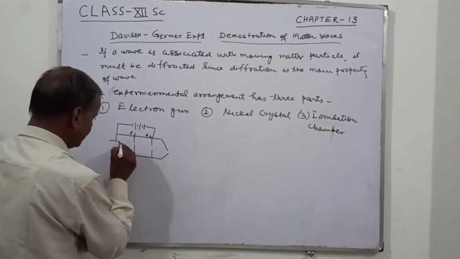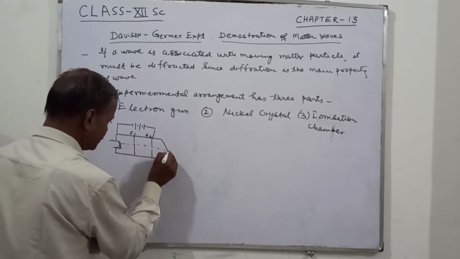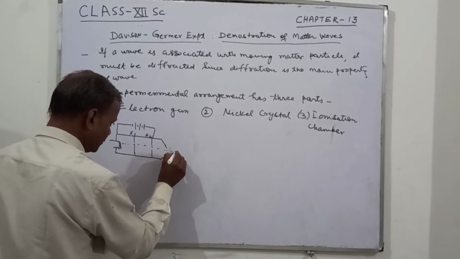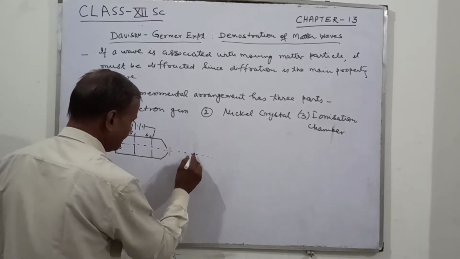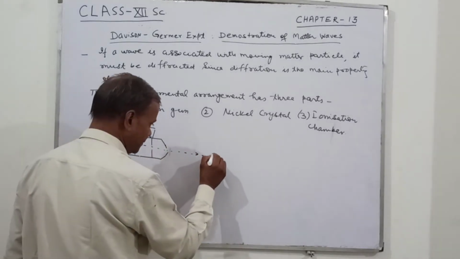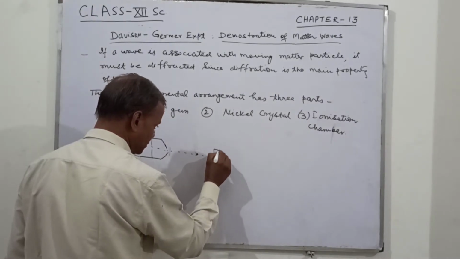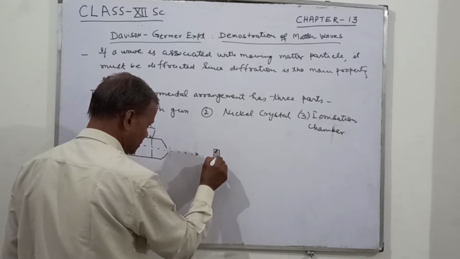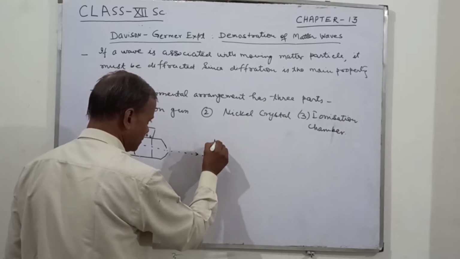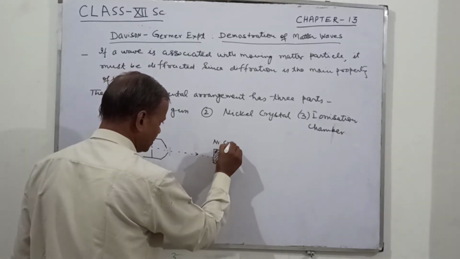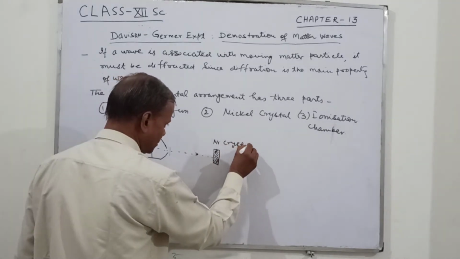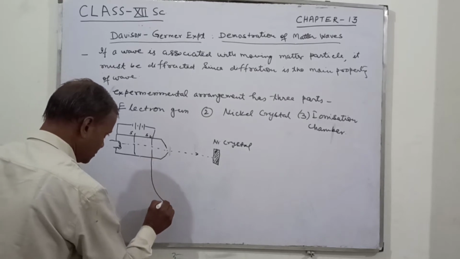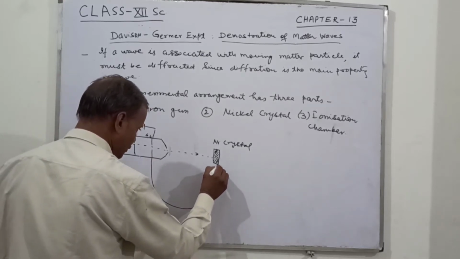Then the electron beam passes through this fine hole. This is the incident electron beam. This is the nickel crystal. Here we have a circular scale.